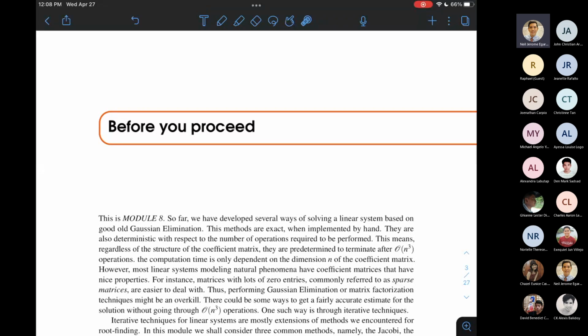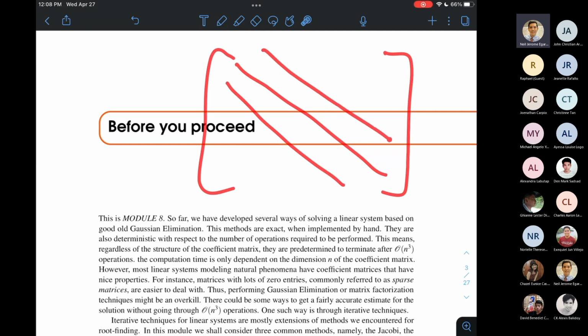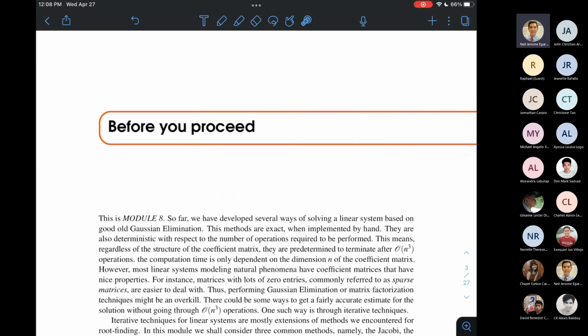Now, kung may magandang structure yung matrix mo, halimbawa siya ay sparse, halimbawa siya ay tri-diagonal. When we say tri-diagonal, ang may non-zero entries lang yung main at saka yung first upper and lower diagonal entries. Mas madali siyang isolve. And the Gaussian elimination techniques will be an overkill to get an estimate for those methods, right? So yun yung gagawin natin sa module number 8. We will look at some iterative schemes for solving linear systems.